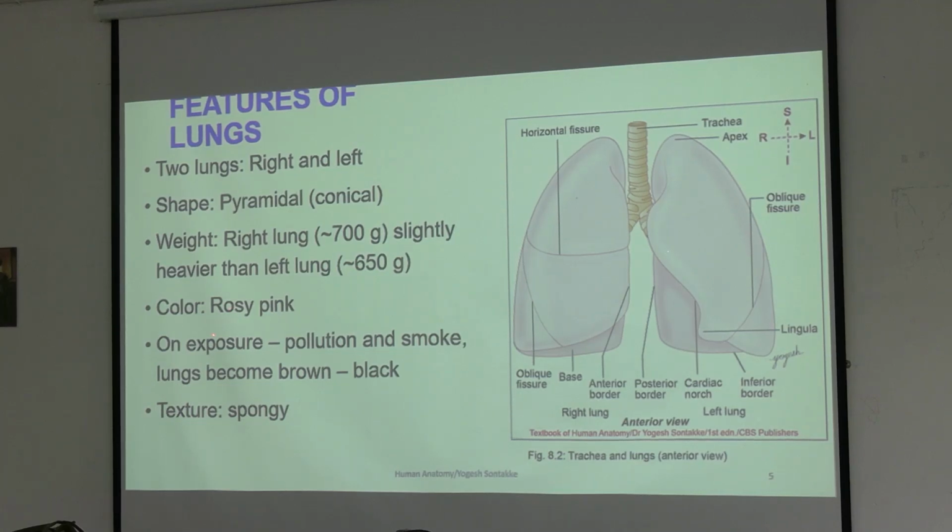Color rosy pink. Now, whatever you see in the dead body or here, it is not rosy pink. To see rosy pink, it should be a fresh dead body. Or you open up YouTube and see any operation on lungs, you will see pink.